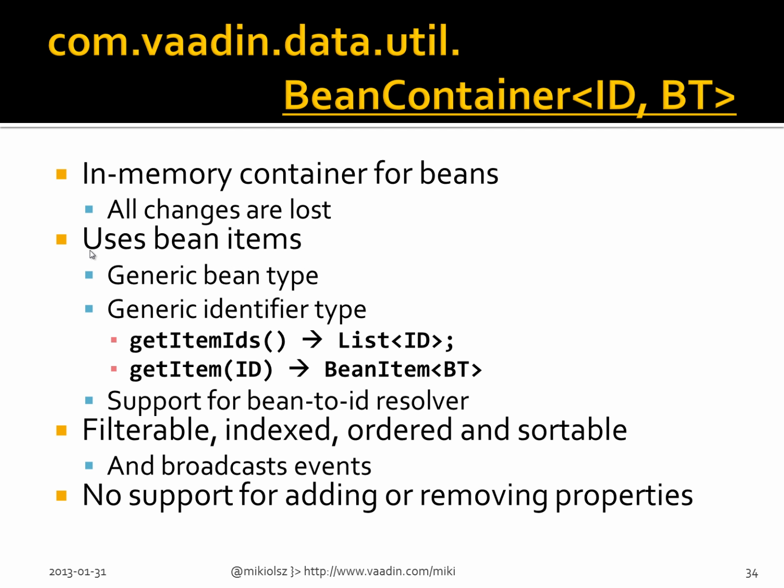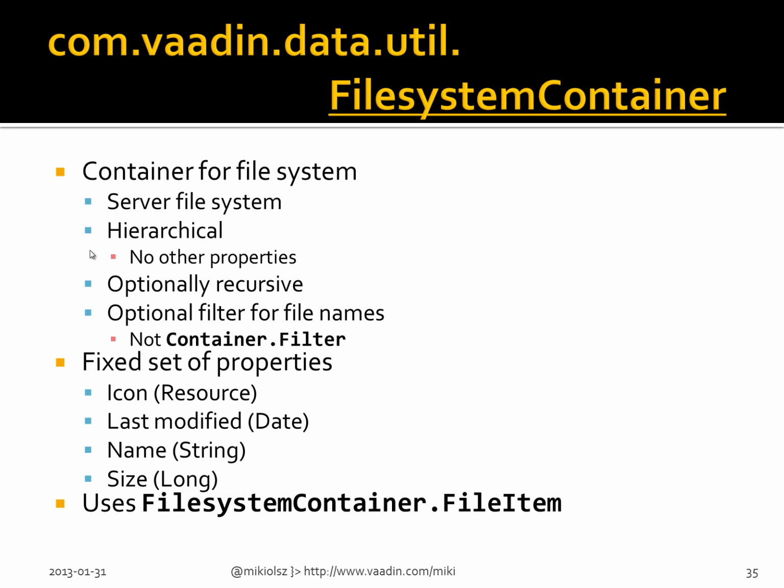I said previously an analogy with hierarchical container that file system is a good analogy. Of course, there is a class for that. It's called file system container. It gives you hierarchical container, just hierarchical, so no sorting, no ordering, no indexing, and no filtering over the server file system.